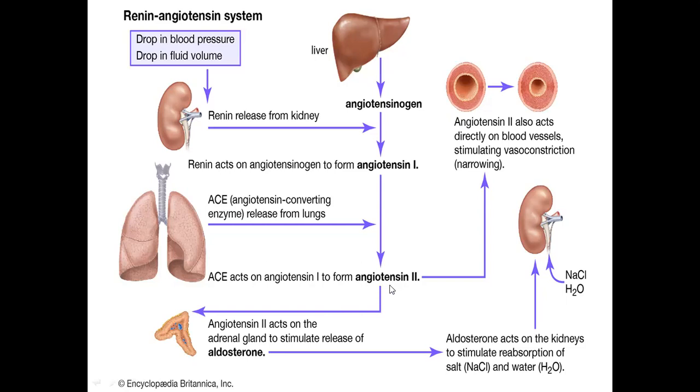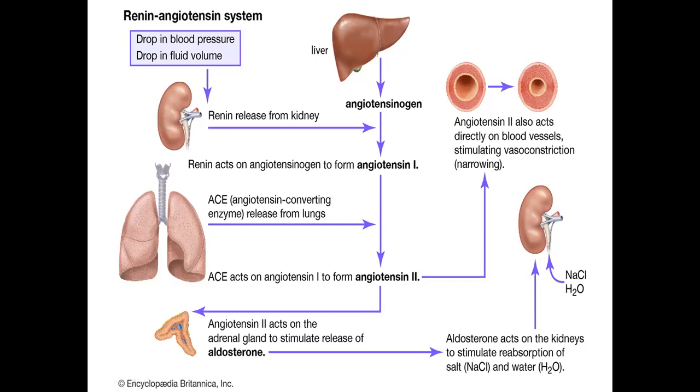And then angiotensin 2 acts on the adrenal gland and stimulates the release of aldosterone. This aldosterone then acts on the kidneys to stimulate the reabsorption of sodium chloride, that is the salt, and water. Also, angiotensin 2 acts directly on blood vessels, stimulating vasoconstriction, that means the narrowing of blood vessels, which causes an increase in blood pressure.